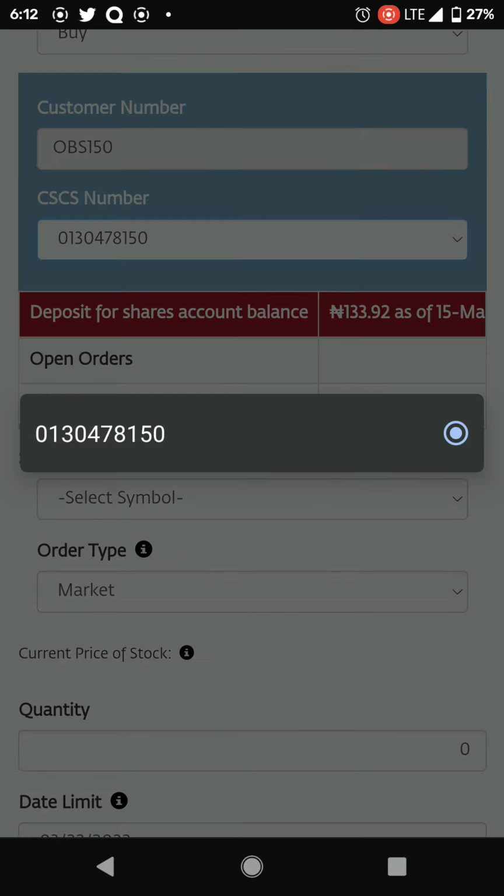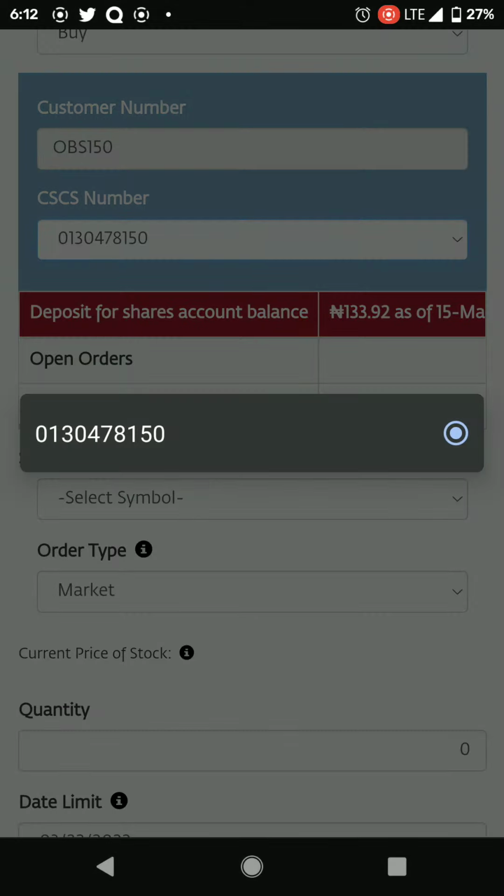Or you may have a CSCS number for a dependent, and you are the person managing the account. Or you may have a CSCS number for another purpose. It just depends on whatever reason you have for separating your investment portfolios.